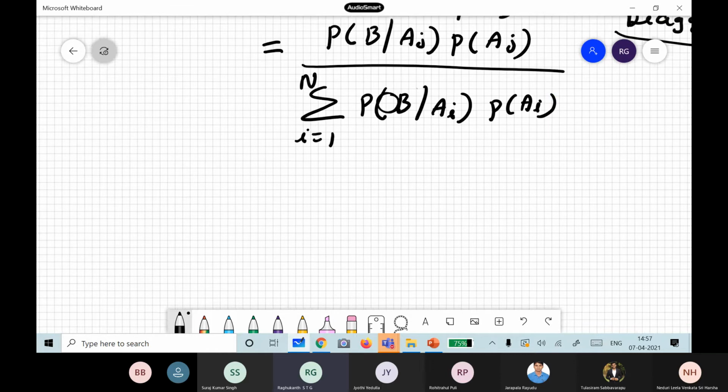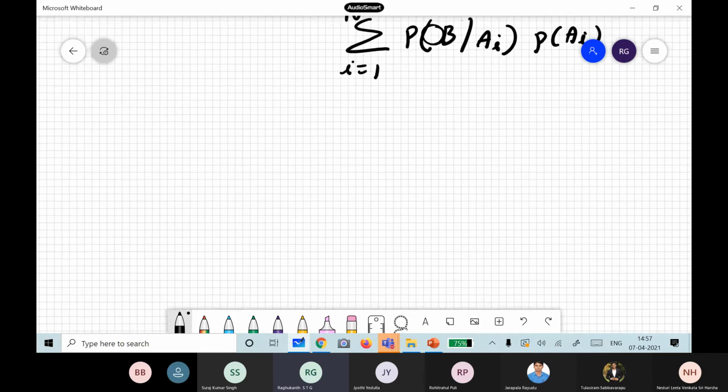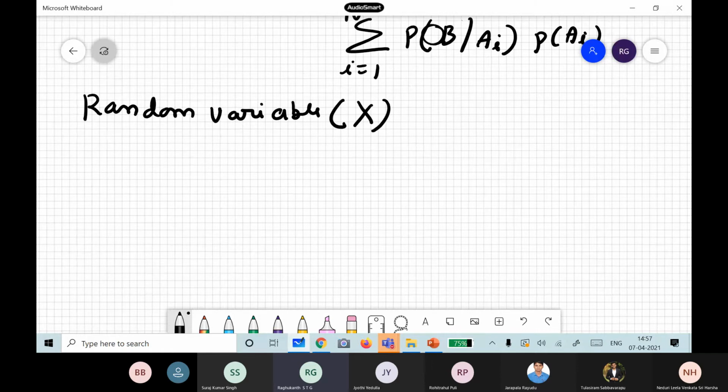Okay. And now another thing we do in probability theory, that is the concept of the random variable, also we use. Now, what do you mean by random variable? Can you define random variable? You would have heard it, right?